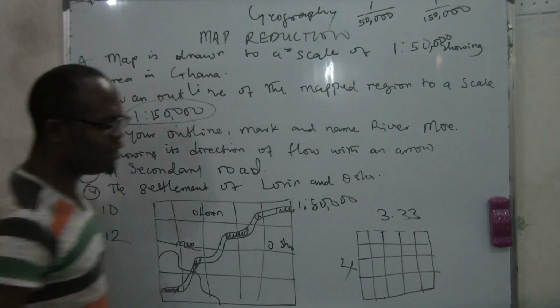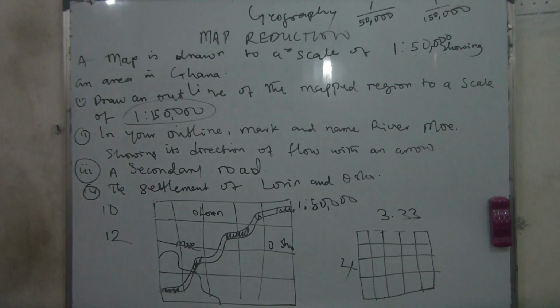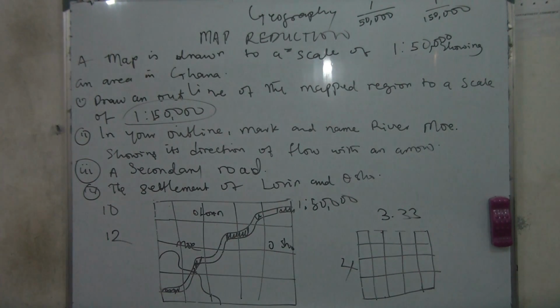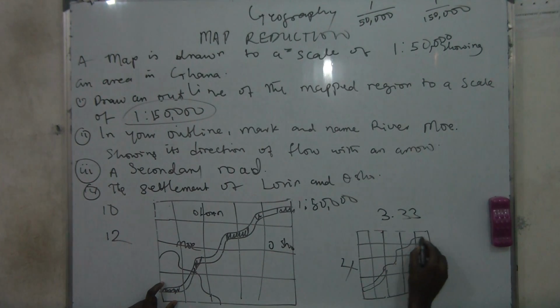So once you've drawn the grid, what do you do? You start transferring. To transfer, you just look at it very well. This man is here, then he moved down to here, then he went back here, went here, and went here.